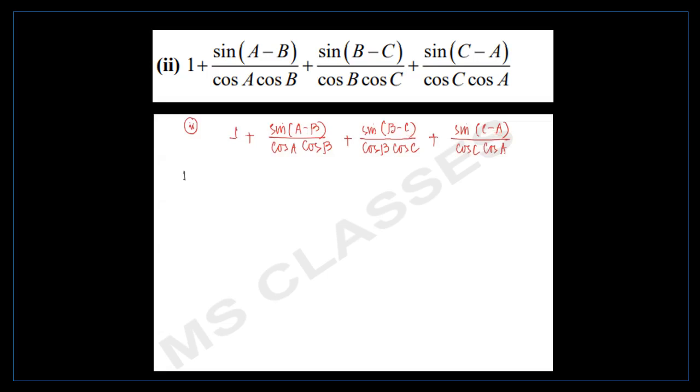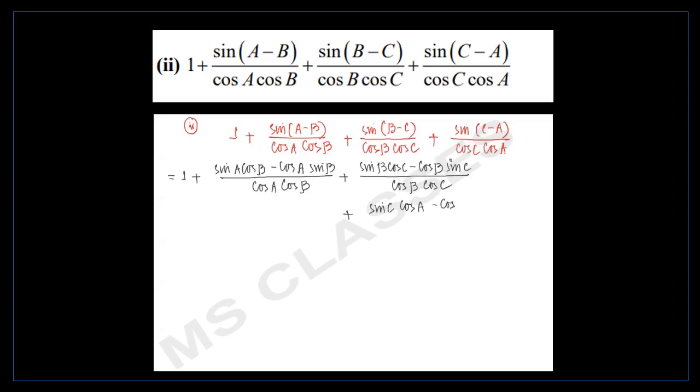It is 1 plus (sin a cos b − cos a sin b) whole divided by cos a cos b, plus (sin b cos c − cos b sin c) whole divided by cos b cos c, plus (sin c cos a − cos a sin c) whole divided by cos c cos a.